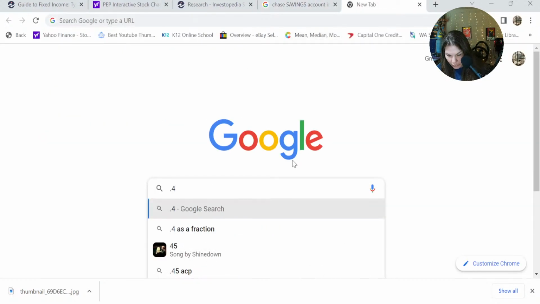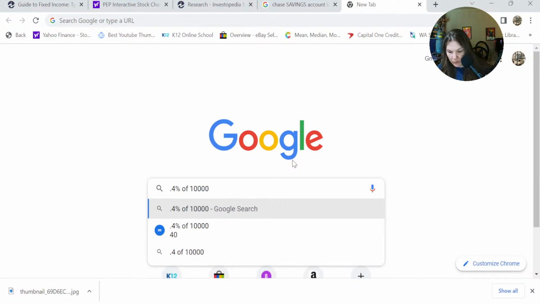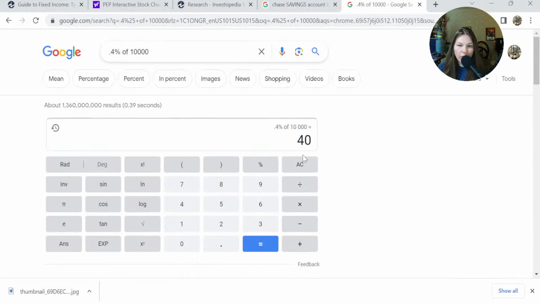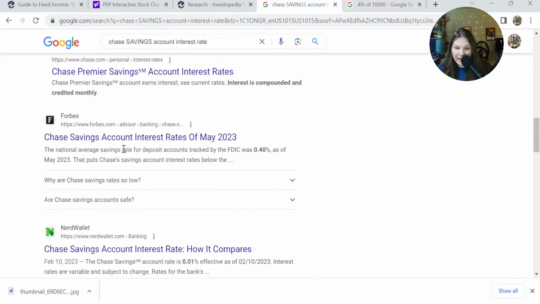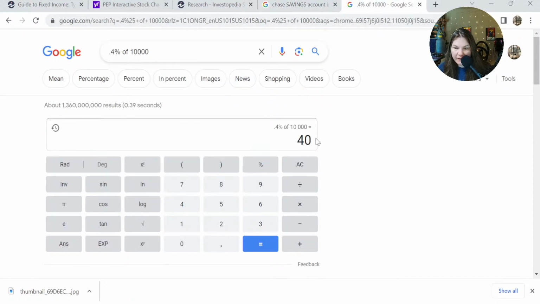So 0.4% of $10,000. $40. That's right. You'll get $40 if you put $10,000 into what they say is the average rate for deposit accounts. So if you put your $10,000 into one of your savings accounts for a year, you'll get on average about $40 a year back.